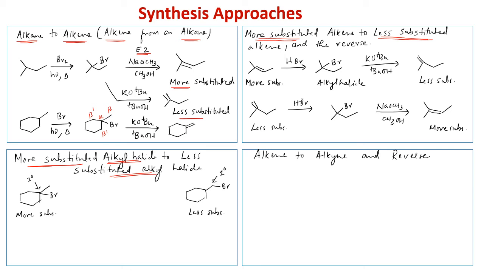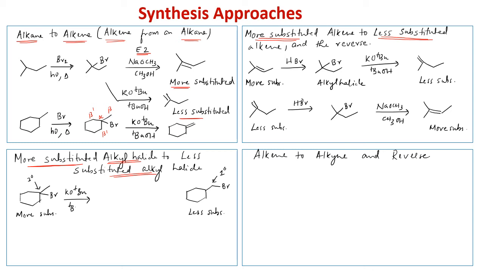So whenever you have this sort of problem, you're going to first do an elimination. Now you want to eliminate such that you make a double bond between this more substituted carbon and the carbon where you want to put the bromine in the product. Okay, so in this particular case, this is going to be a bulky base.